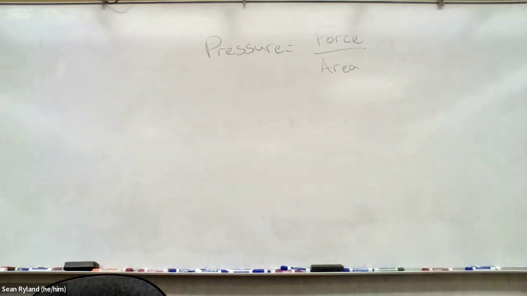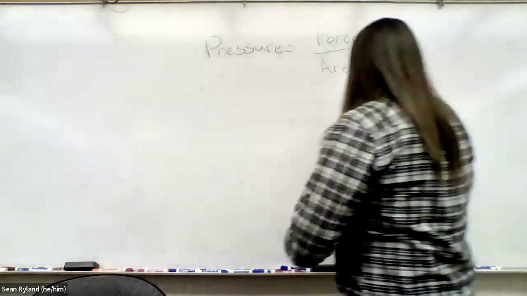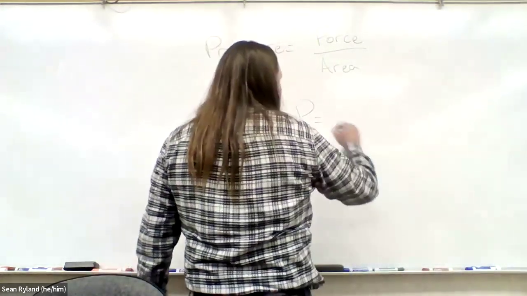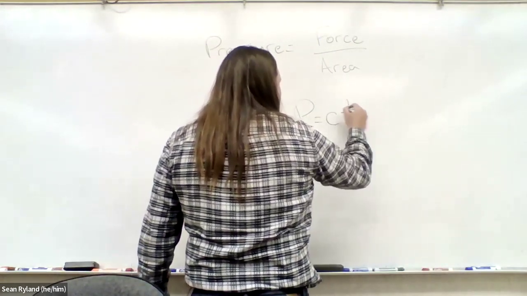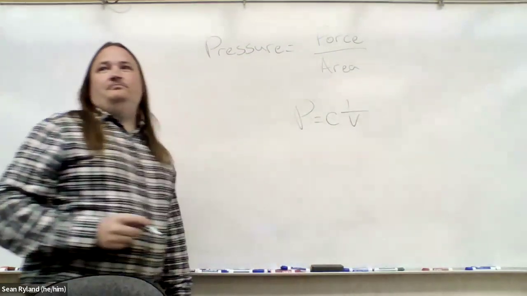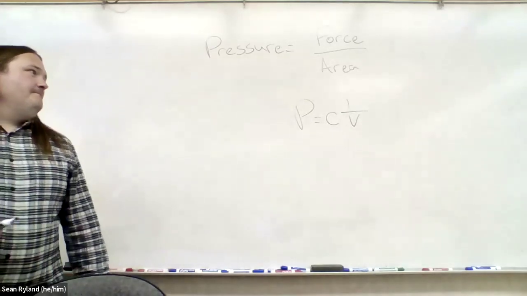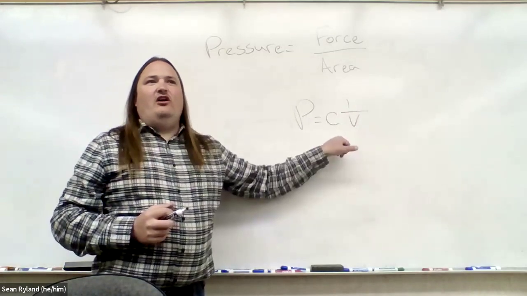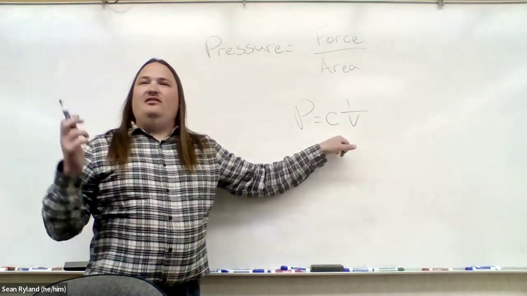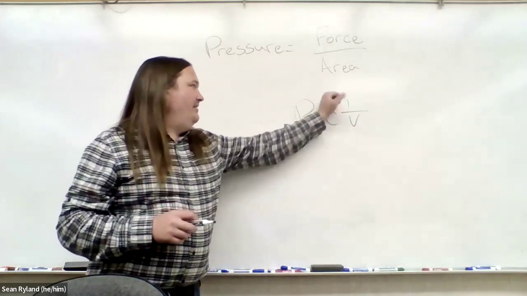All right, so mathematically, the way that we describe this, you can say that pressure is proportional to 1 over volume. We can't quite say that pressure is equal to 1 over volume. It's equal to a constant times 1 over volume, where the constant is going to change depending on the gas and temperature and things like that.